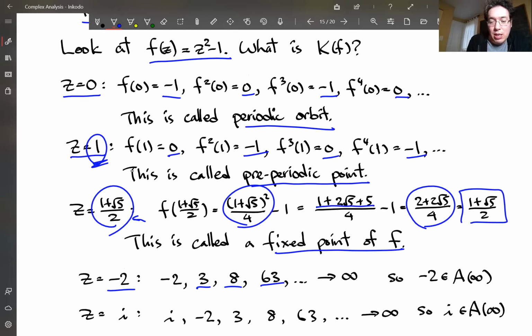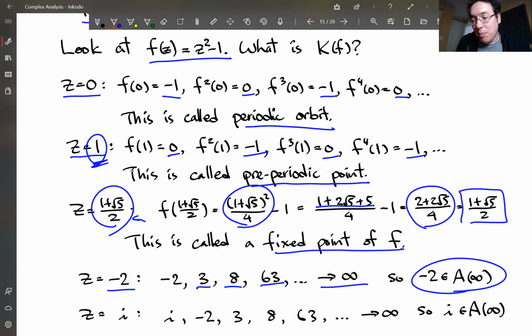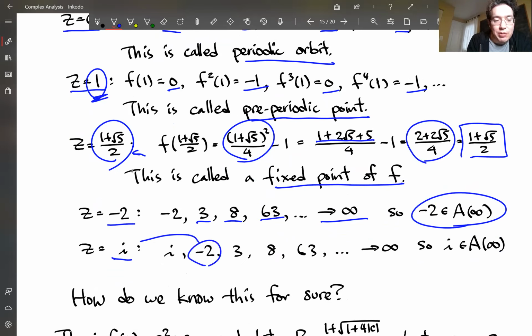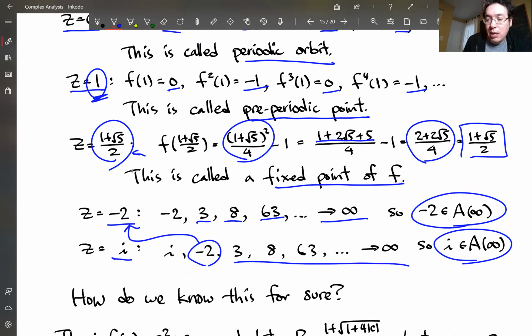So this appears to blow up off to infinity, and we would say that -2 is in the basin of attraction for infinity. If you plug in i, i squared minus 1 is -2, and after that it's going to do what that thing does. So i is also in A infinity.